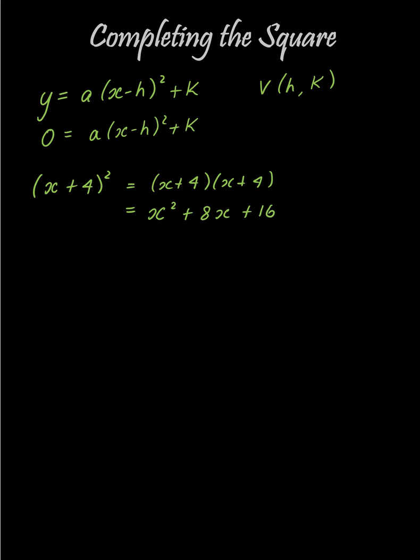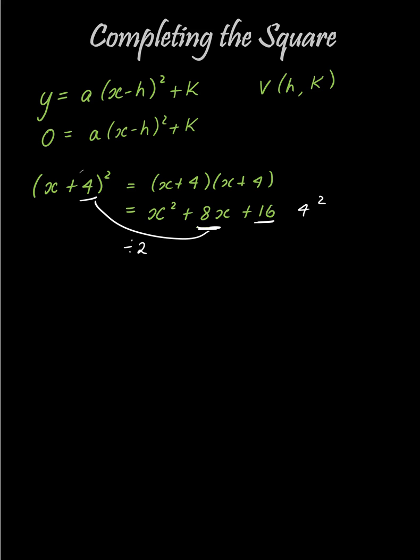And the thing to notice here is that this 8 is half of the 4. So to go from here to here, I need to divide by 2, and then the end number is equal to 4 squared.